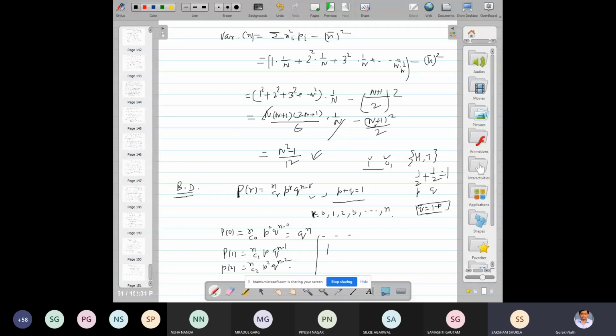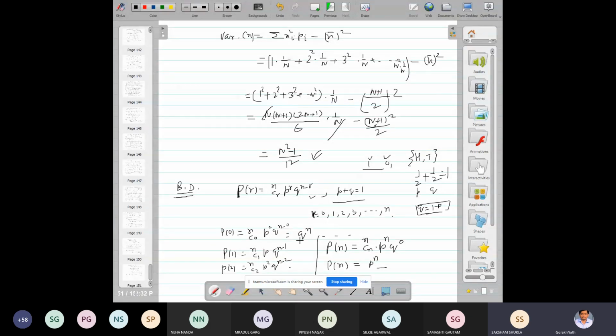The probability of n successes will be nCn p to power n q to power 0, that is p to power n, the probability of n successes.